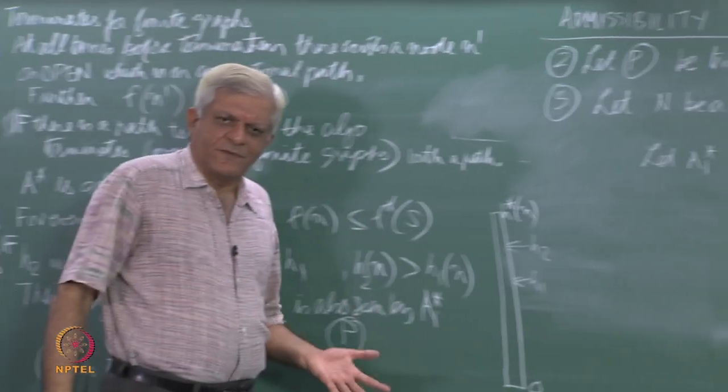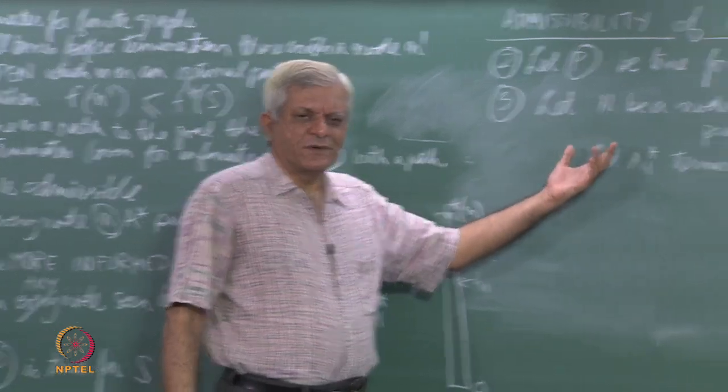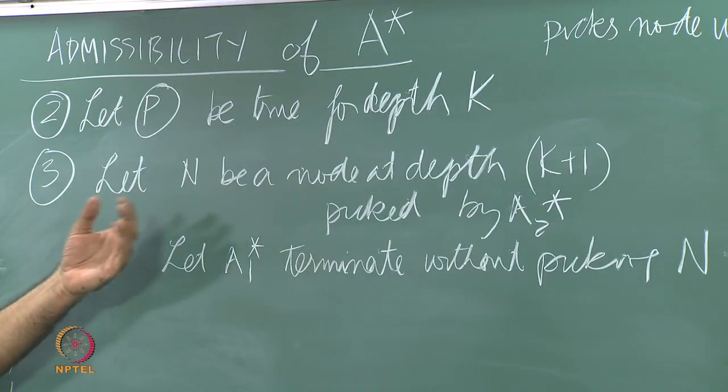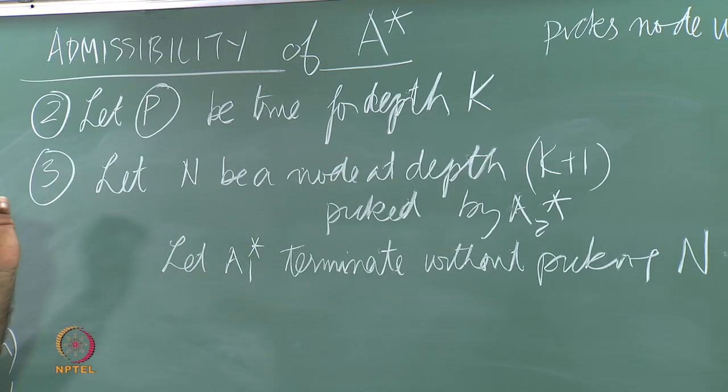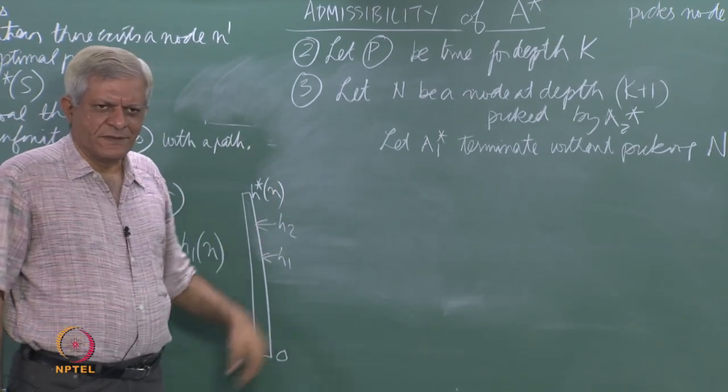So, the induction step we will do by contradiction. We are making an assumption that there is some node, we have called this capital N at depth k plus 1, and we are saying A2 star has picked that node, but A1 star terminated without ever picking that node essentially, which means A1 star found a path to the goal.